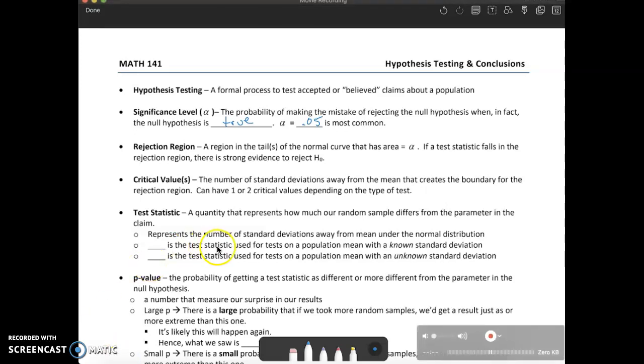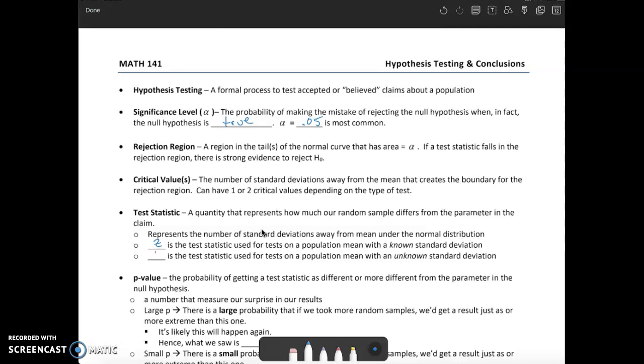So the test statistic is a quantity that represents how much your random sample differs from the parameter in the claim. It represents the number of standard deviations away from the mean under the normal distribution. Z is the test statistic used for tests on a population mean with a known standard deviation.